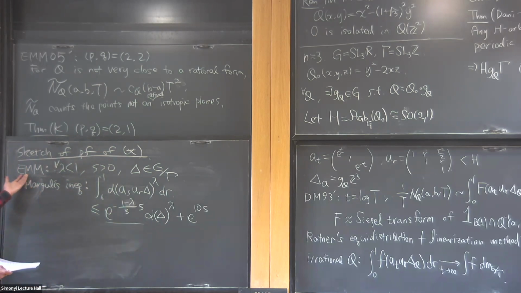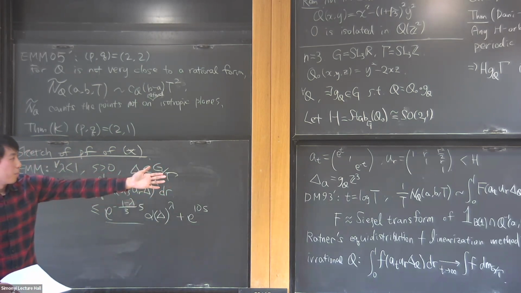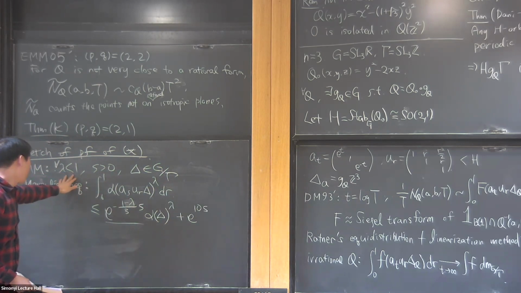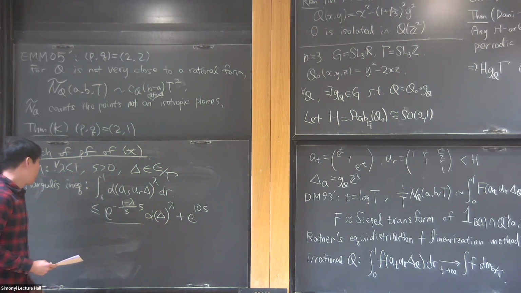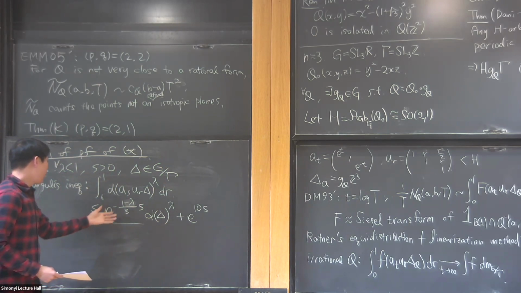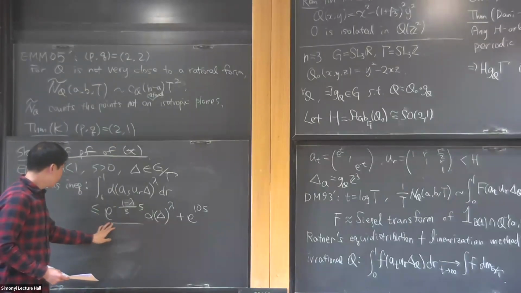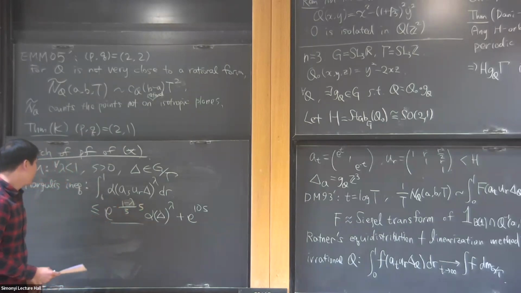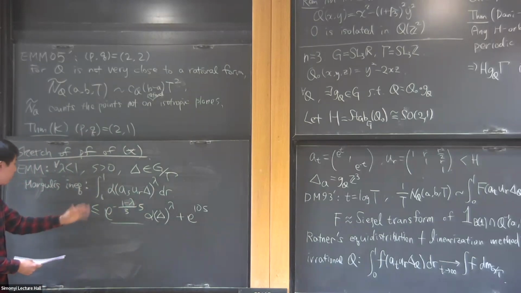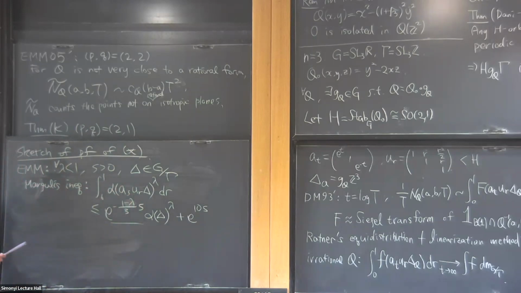And actually Eskin, Mozes, and Margulis proved the estimate star for lambda less than 1 by iterating this inequality many times. No matter how many times you iterate this inequality, given that this constant is less than 1, the moment integral of alpha to the lambda remains bounded.